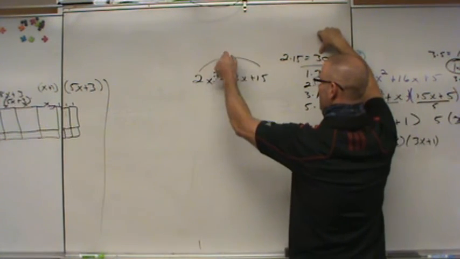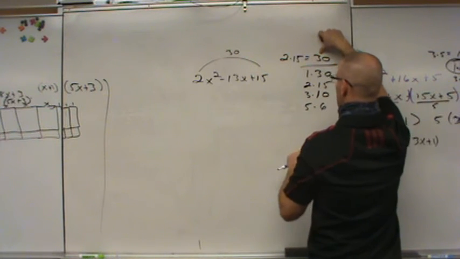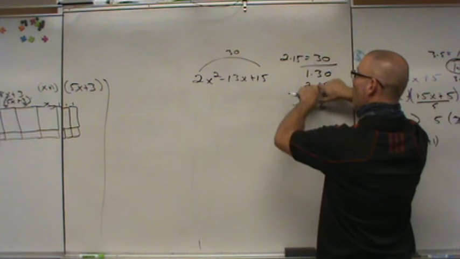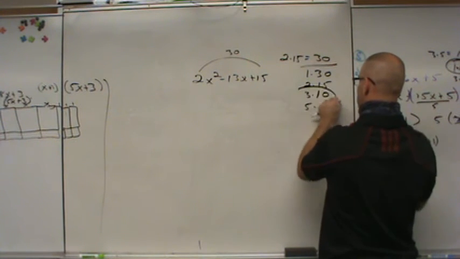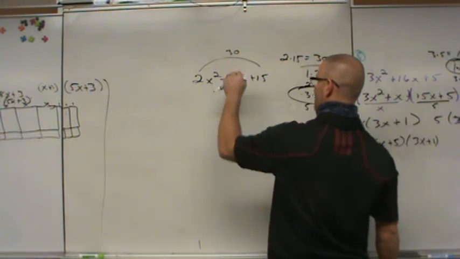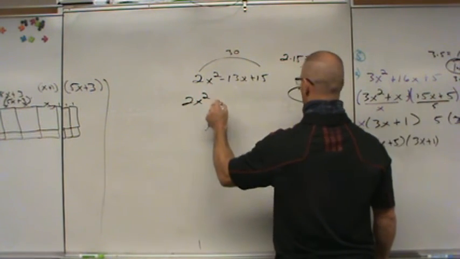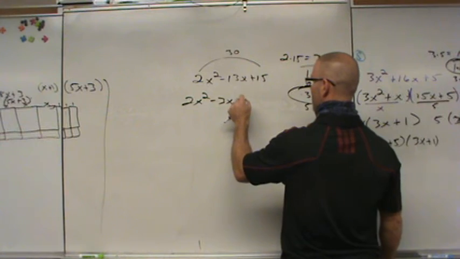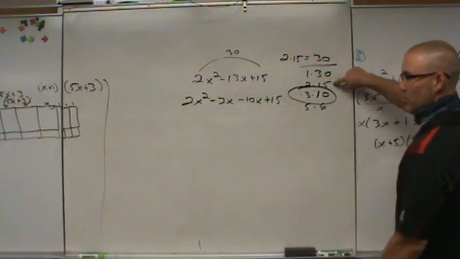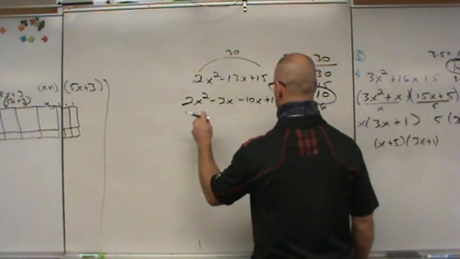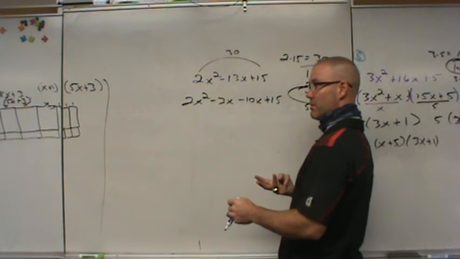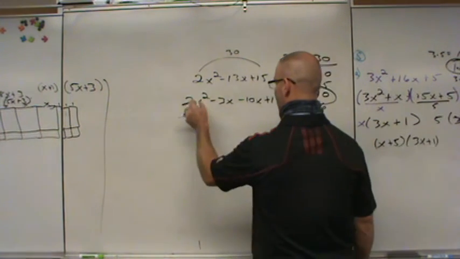Because I had to multiply A times C, that's a positive 30. The only way I get a positive 30 is if I multiply two positives together or two negatives. So in this case, I need to use negative 3 and negative 10. So 2x squared minus 3x minus 10x plus 15. And if you made a mistake and used 2 and 15, I'll let you know it won't factor right. So that tells me one of two things. Either I used the wrong factors or it's not factorable.